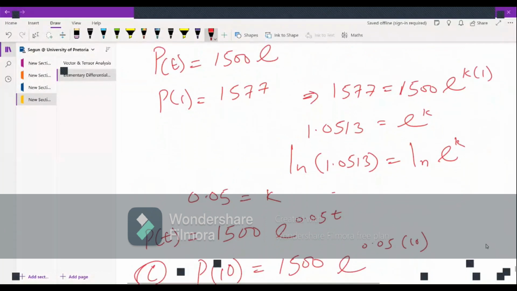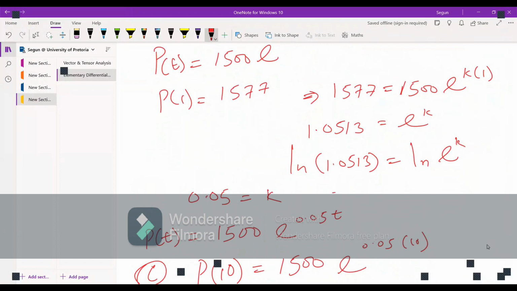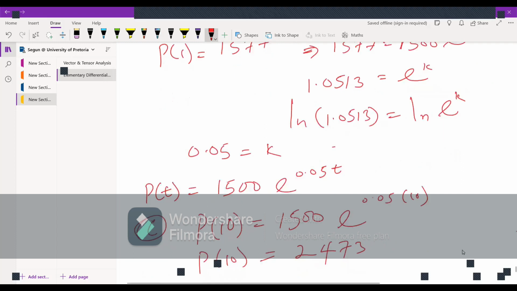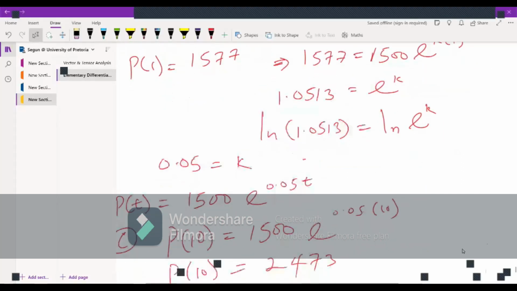They now ask us for D, how many years would it take for the population to double? Remember, the initial population was 1,500.